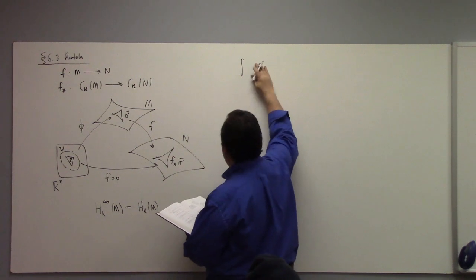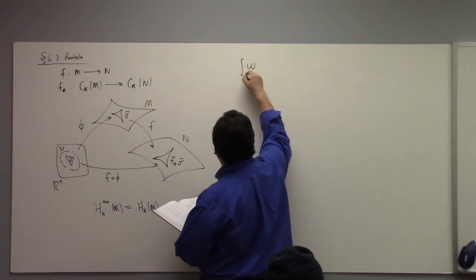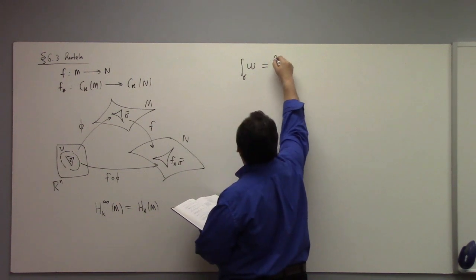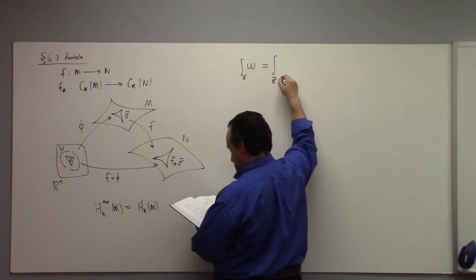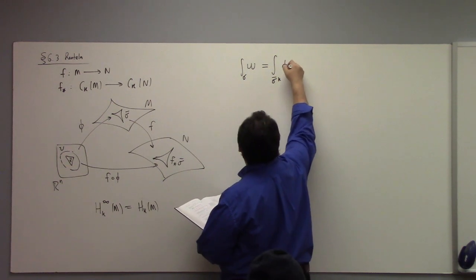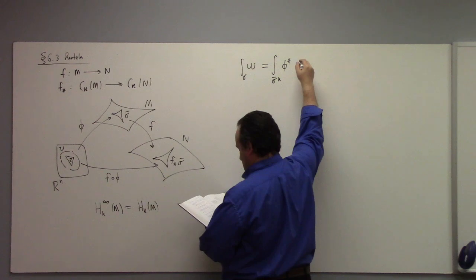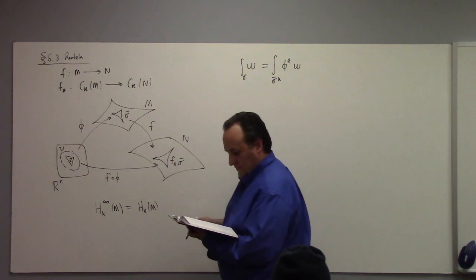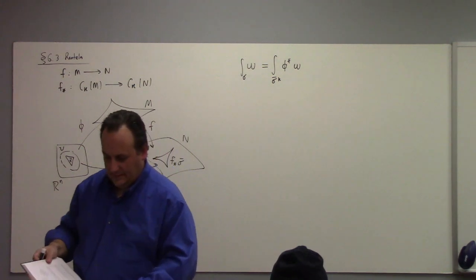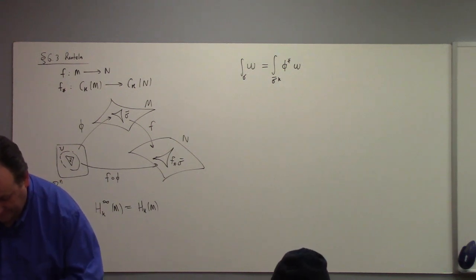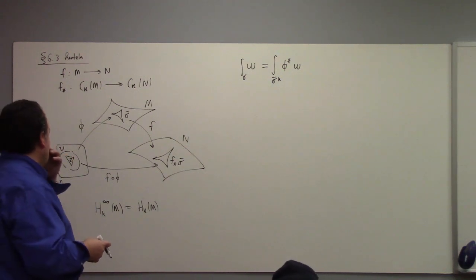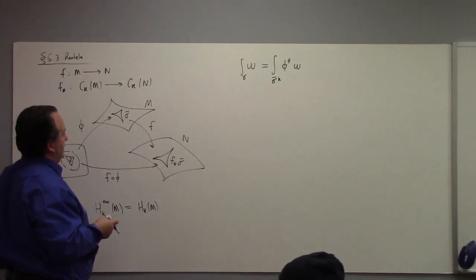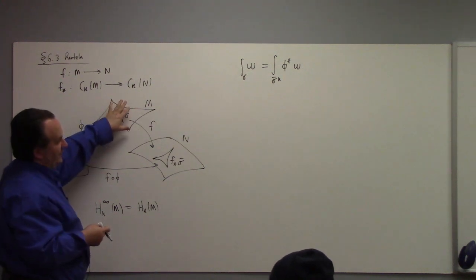Let me just write what he writes and try to explain it. Omega integrated over sigma is by definition the integral over sigma bar k of phi star omega. And so what's going on here is just this. You can define the integral over a smooth chain.